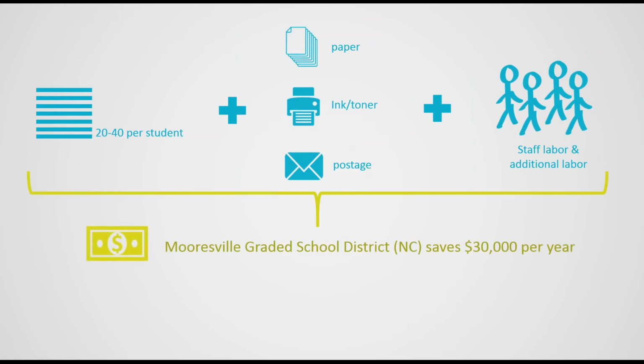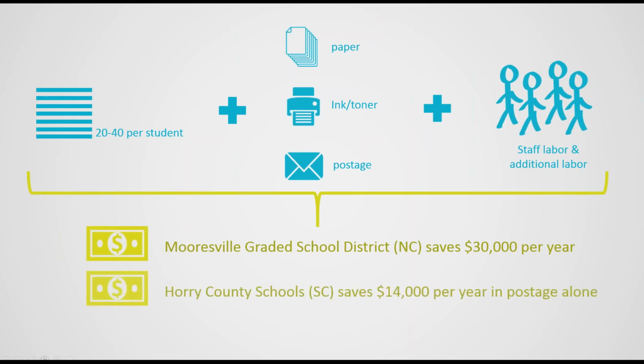One example is Mooresville Graded School District in North Carolina, who quickly realized a cost savings in human resources alone of $30,000, and they recognize that every year since having launched their online student registration system. Another example is Horry County in South Carolina, who saves an average of $14,000 a year on postage alone.